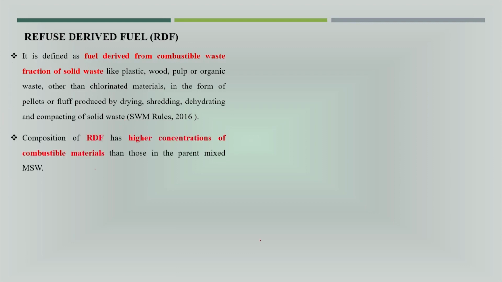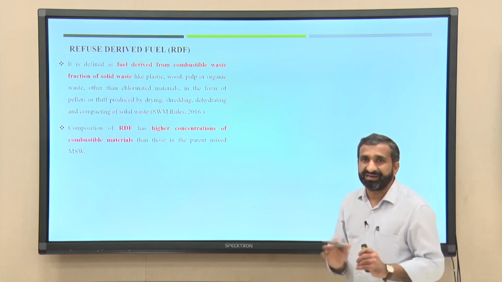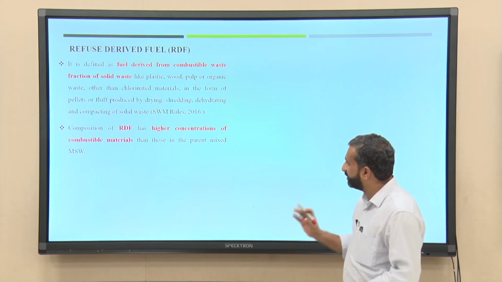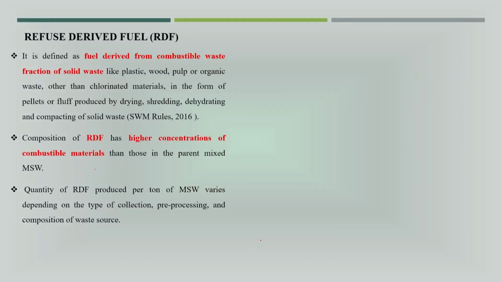Then again, the composition of RDF has a higher concentration of combustible material than the parent mixed MSW. Mixed MSW is a dry mix, but in RDF we need a higher concentration of combustible material. The quantity of RDF produced per ton of MSW varies depending on the type of collection, pre-processing and composition of the solid waste source.